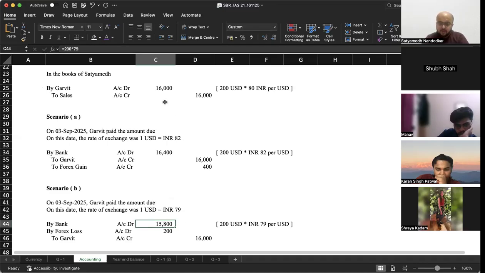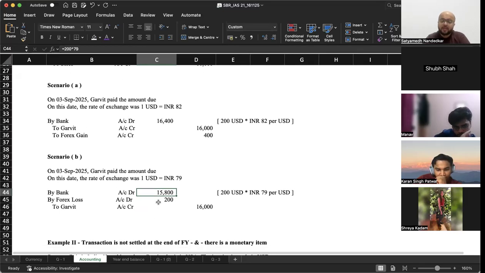Okay, the receivable was 16,000. I ended up getting only 15,800. But now I cannot hold Garvit responsible for anything because he has transferred the $200 that he was supposed to give me. Because he transferred the $200 that he was supposed to give me, I cannot collect anything else from him, so that 200 becomes my foreign exchange loss.